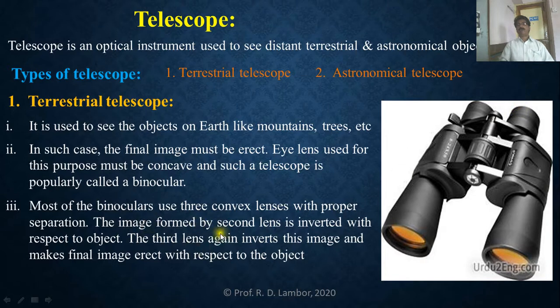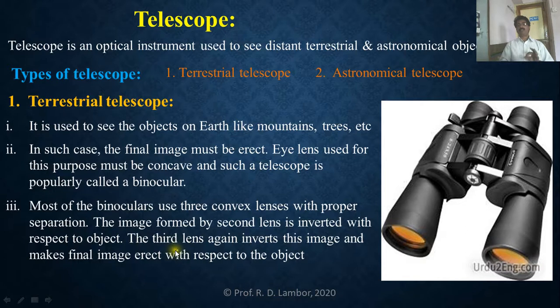The image formed by the second lens is inverted with respect to the object. म्हणजे ज्या बायनॉक्युलर्स मध्ये 3 कॉन्व्हेक्स लेन्सेस यूज झाले असतील, त्यापैकी सेकंड लेन्स न जी इमेज फॉर्म केली असेल, that will be inverted with respect to object.